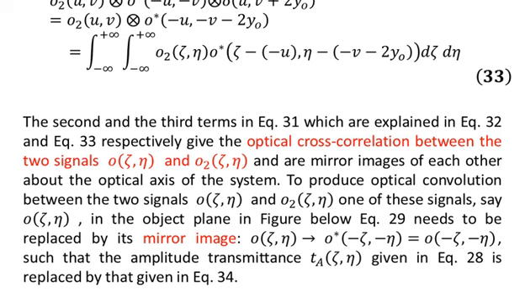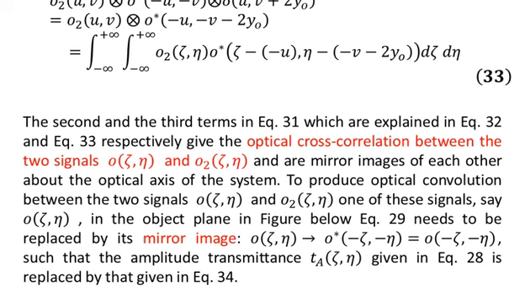To produce optical convolution between the 2 signals, that is O and O2, one of these signals, say for example O in the object plane shown in the figure given below equation number 29, needs to be replaced by the mirror image. That is, O as a function of zeta and eta will be replaced by O conjugate at the coordinates minus zeta and eta. Since O is a real quantity, O conjugate will be represented by O, at the coordinates minus zeta and eta.